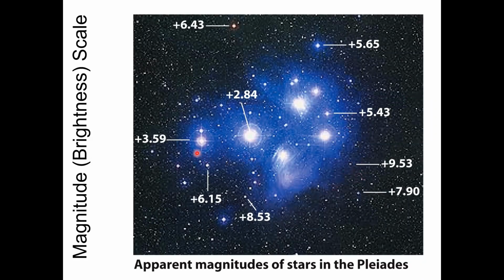Not the major stars of the Pleiades, but the other ones are also marked. You can see it over here, and this is plus 8.53. When the number increases, it becomes much fainter.